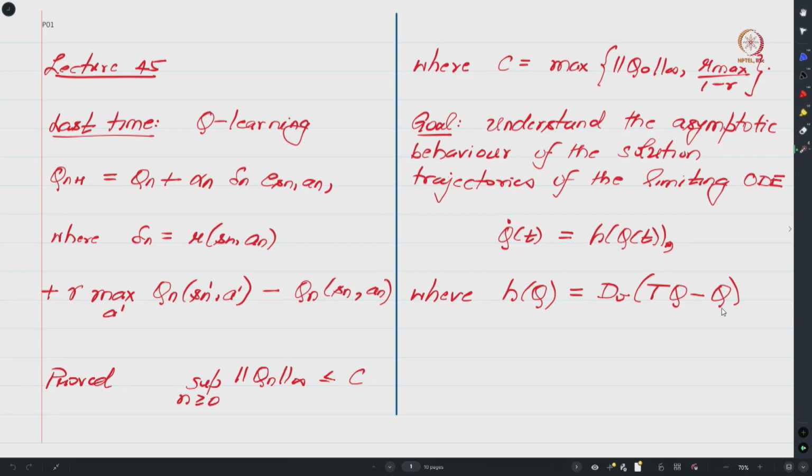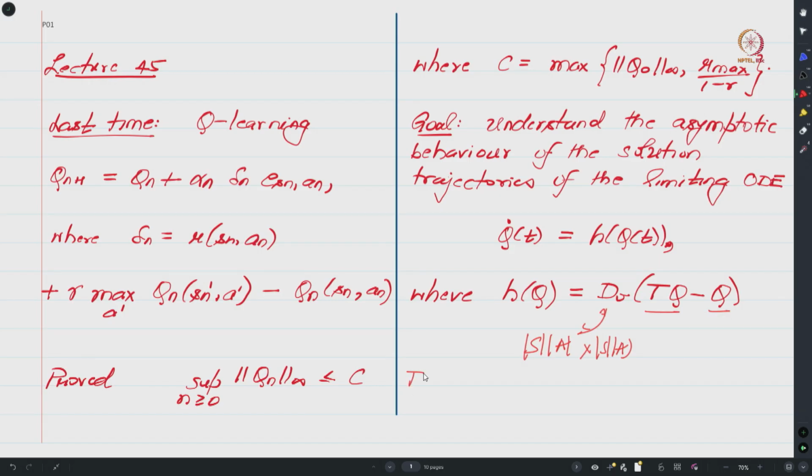This expression we had established in the previous class. So h of Q is equal to d nu times (TQ minus Q), and this is an SA cross SA matrix, and T is your Bellman optimality operator. It takes as input an SA dimensional vector and spits out another SA dimensional vector, that is what you have over here, and this is another SA dimensional vector.